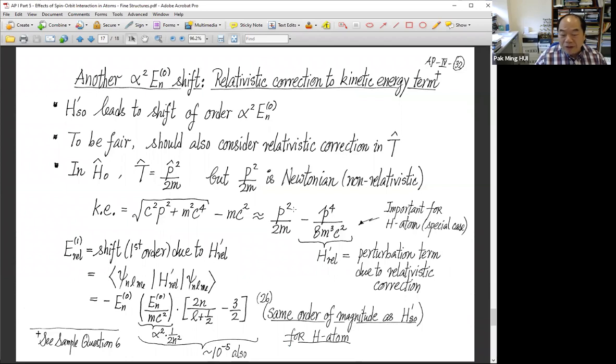So we have done that. There's a sample question working out this particular perturbation term. And then in sample question number 6, the first order perturbation was applied to this term. The calculation is not easy to do, actually.